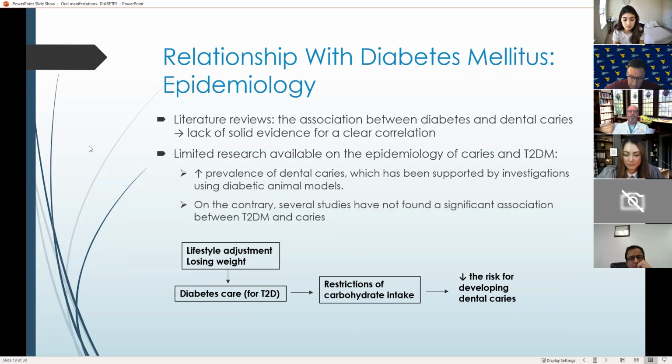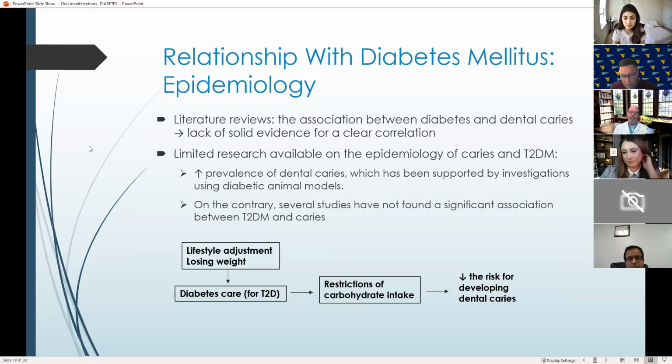Some papers found an increased prevalence of dental caries, which was supported by investigation using diabetic animal models. On the contrary, several studies did not find a significant association between type 2 diabetes and caries. As a matter of fact, some studies even found decreased incidence of caries in patients with diabetes.